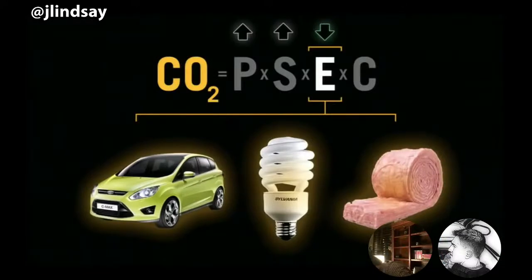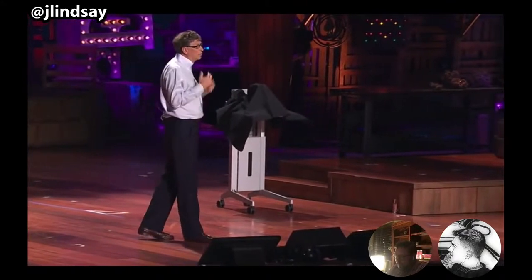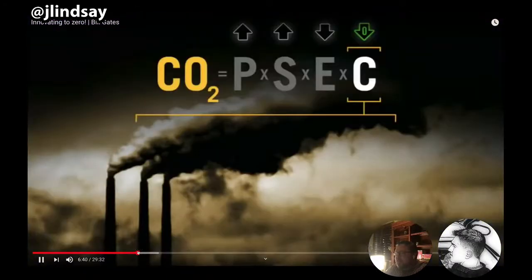Now, efficiency, E, the energy for each service, here finally we have some good news. We have something that's not going up. Through various inventions and new ways of doing lighting, through different types of cars, different ways of building buildings, this is the amount of CO2 put out for each unit of energy.